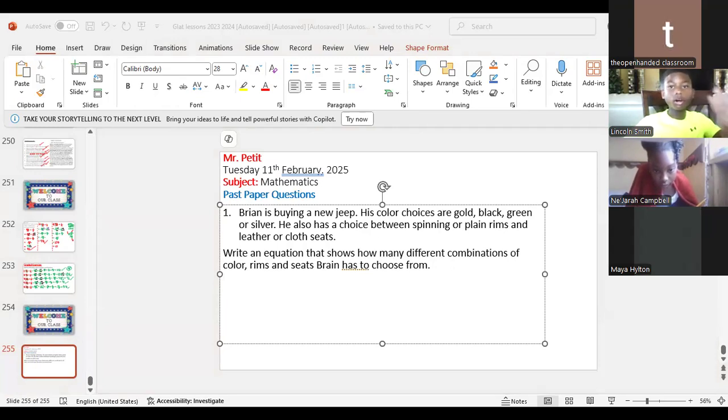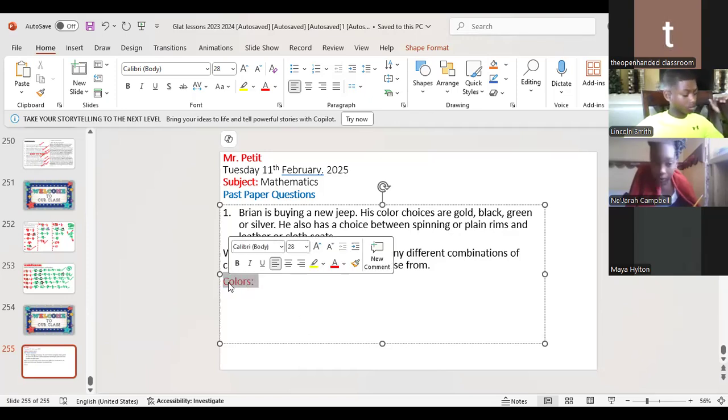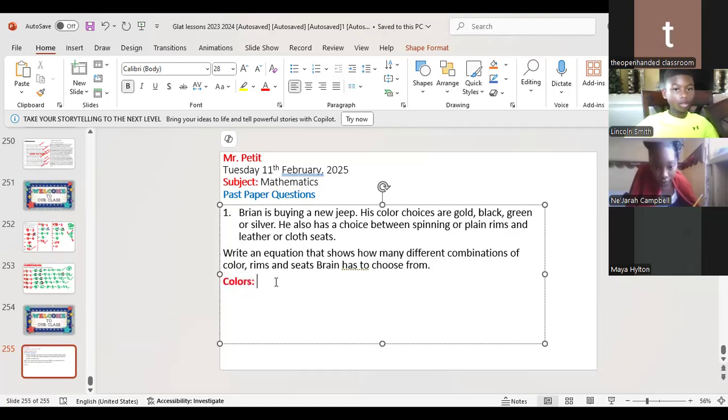That's 4. So the colors are going to be 4 choices.